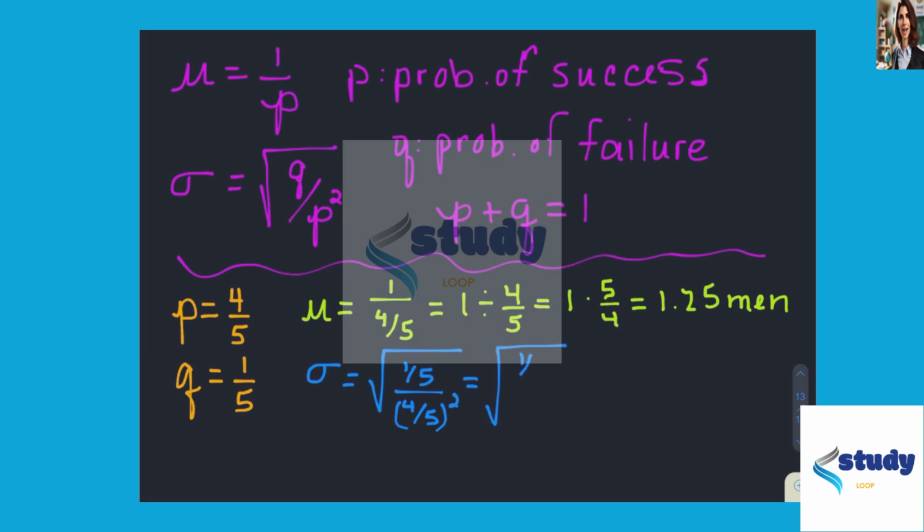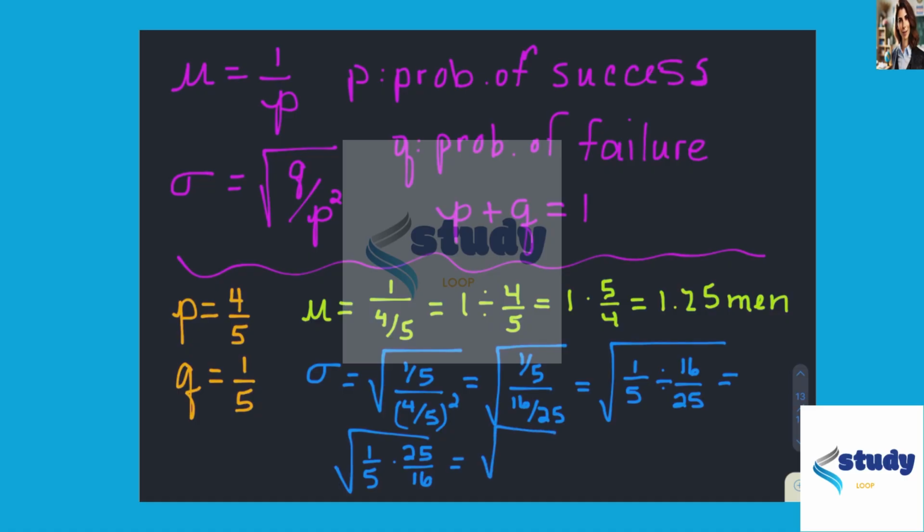So we're going to have 1/5 over 16/25, which is the same thing as 1/5 divided by 16/25. And again, dividing by fractions, we end up multiplying by the reciprocal, so we get 25 over 16.